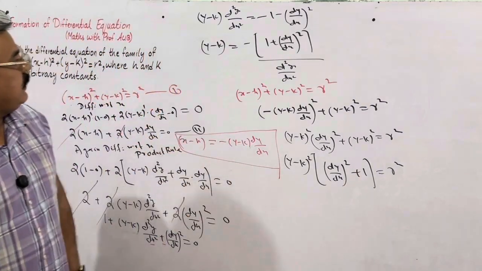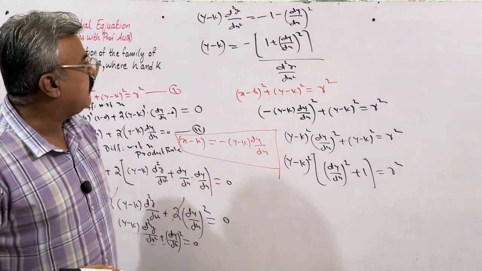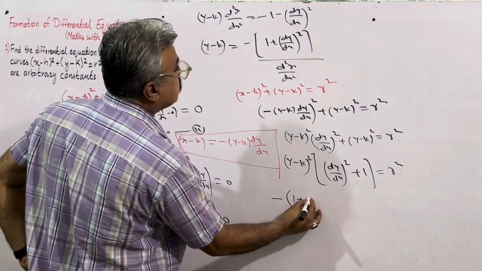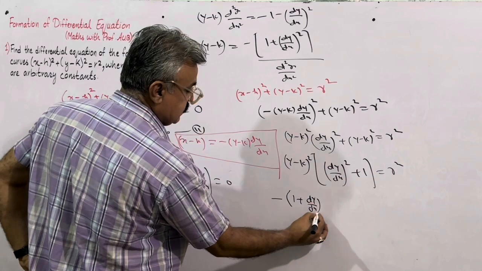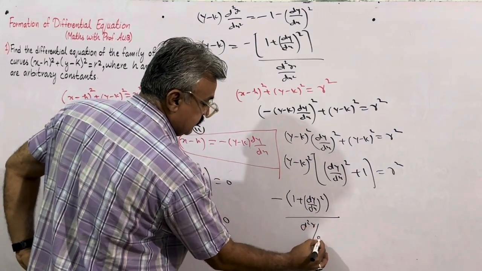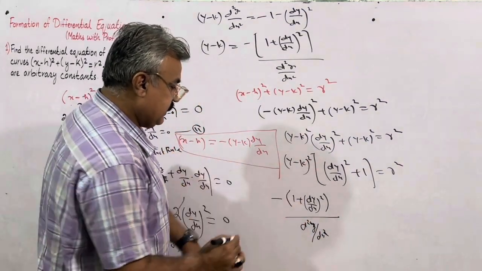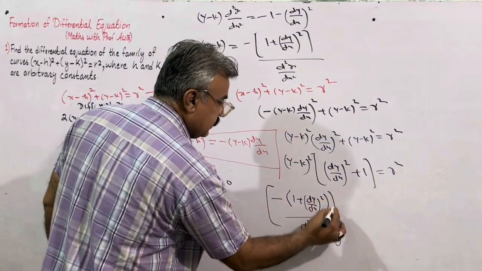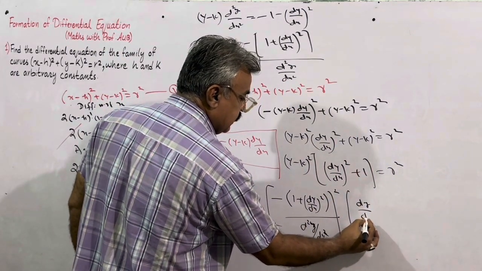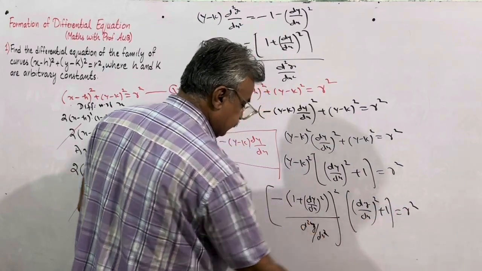We have the value of y minus k, plug in here and square. So we have something minus 1 plus single derivative squared divided by double derivative dy upon dx whole squared. Y minus k has squared, it will become overall squared times, this is same, dy over dx squared plus 1 is equal to r squared.